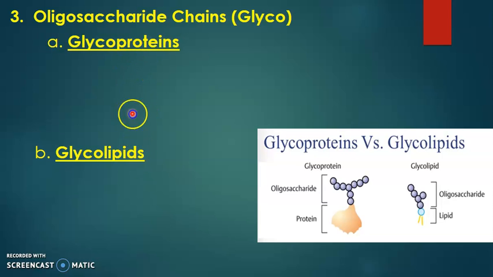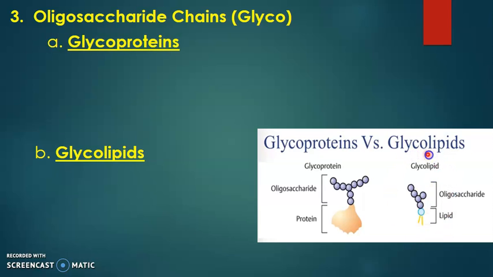It's just a matter of, are these glyco, the sugars, attached to a protein, or are the sugars attached to a lipid? So if you look over here in the diagram, you can see that here is a sugar chain, oligosaccharide chain, same thing, attached to a protein. So this whole thing here would be a glycoprotein. Or if they're attached to one of the little balloons with two tails, one of the phospholipids, the whole thing itself is a glycolipid.